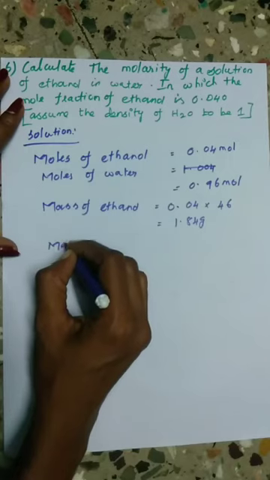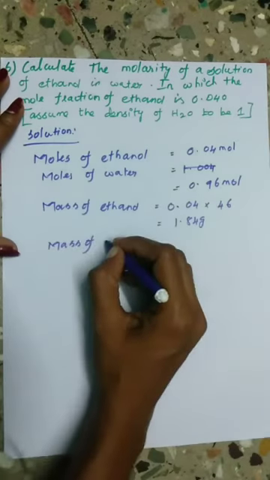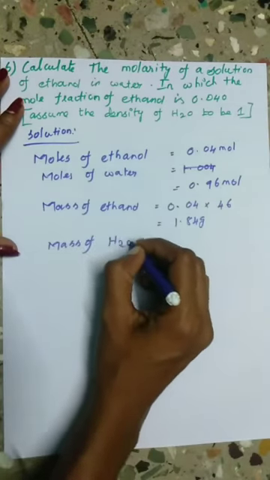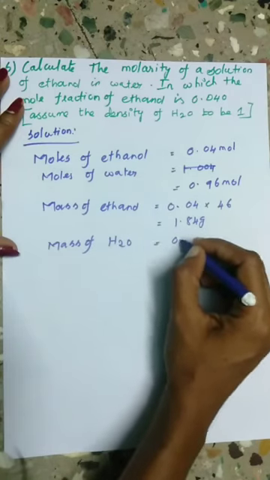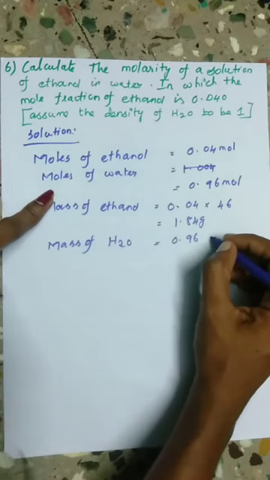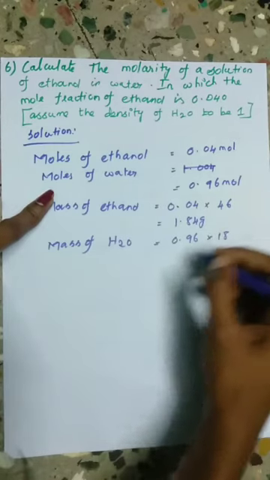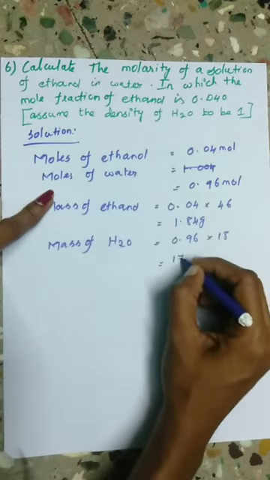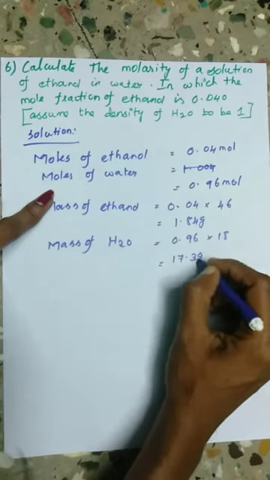The mass of water: 0.96 is the moles of water, multiply 18, so the answer is 17.33 gram.